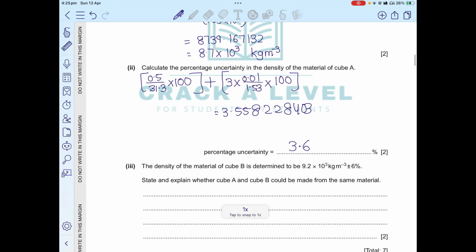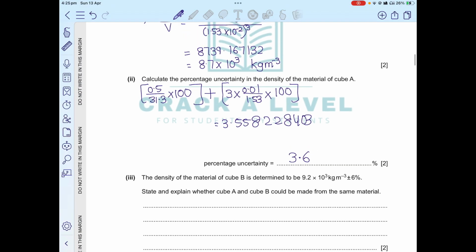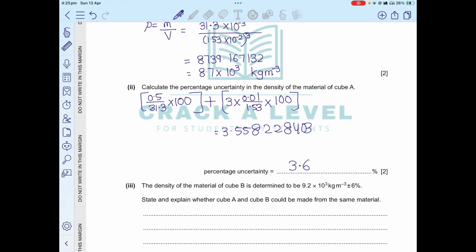Now ideally we see that cube B's density is greater than cube A's density, but we also know that there's a percentage uncertainty. So how about I find out what could be the maximum value of cube A's density? 8.7 into 10 raised to 3, if I multiply this with 103.6%, it gives me 9.013.